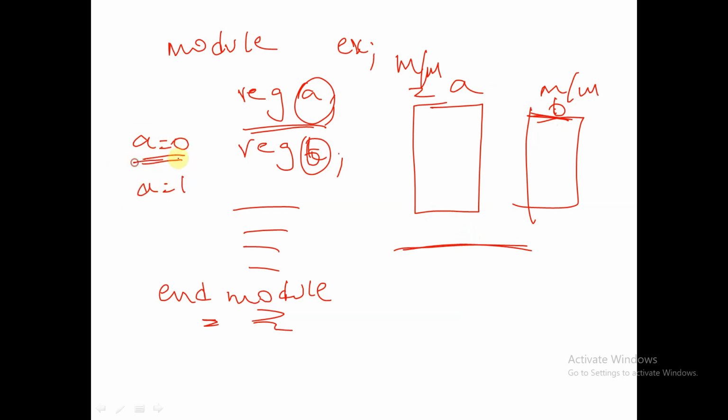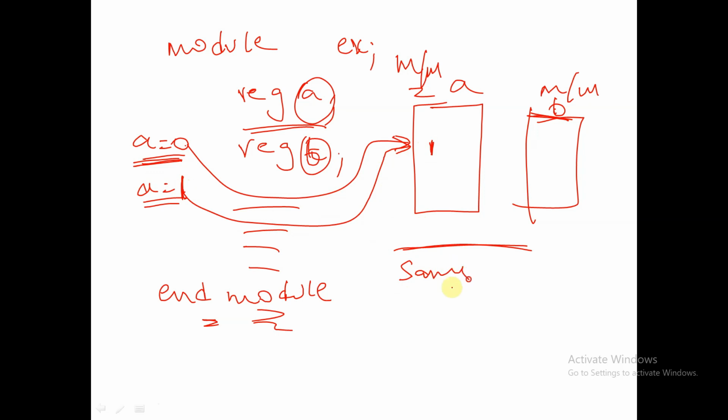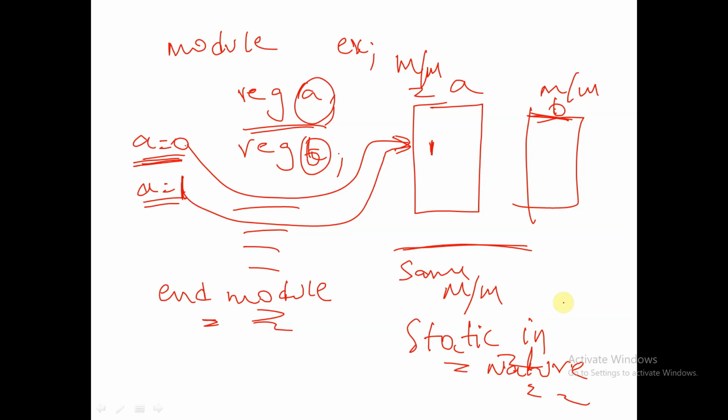So when A is equal to 0, it will be stored into this memory which is corresponding to the location A, and when we try to assign 1 to register A, then the previous value will be overridden and it will be stored into the same memory. So this is static in nature. So the memory is static in nature in case of Verilog, that is in module.